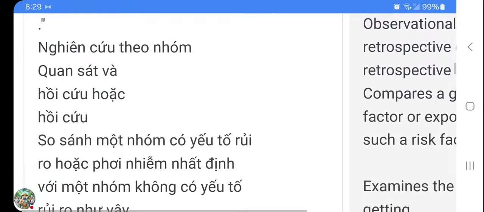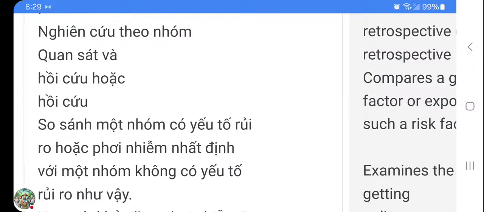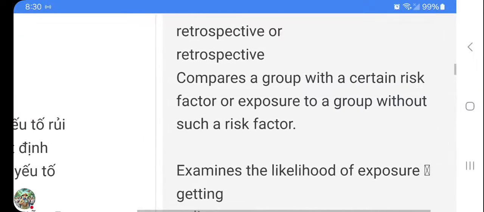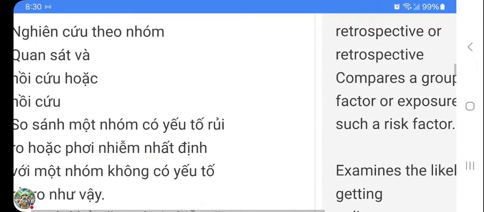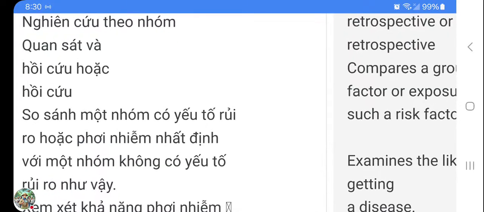Now number 3, which is the cohort study. A cohort study is observational and also retrospective or prospective. Prospective means we study something in the future, something that will happen. So we compare a group of people with a certain risk factor or exposure to a group without such a risk factor.